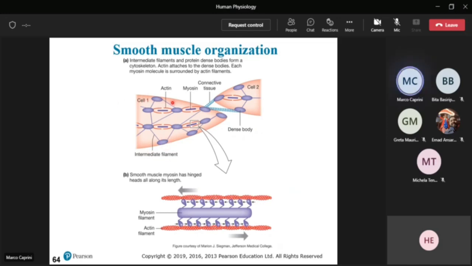In this slide, you can appreciate here the structure is formed by actin, myosin, cross bridges here. The sarcoplasmic reticulum is still present but is reduced.